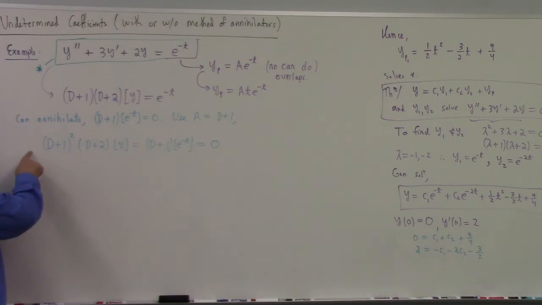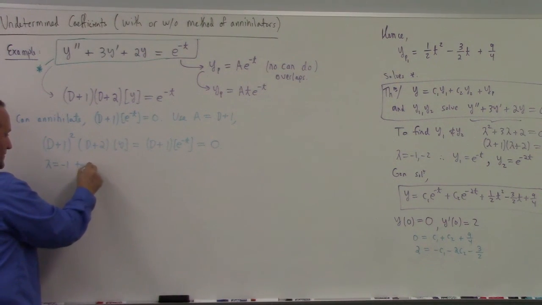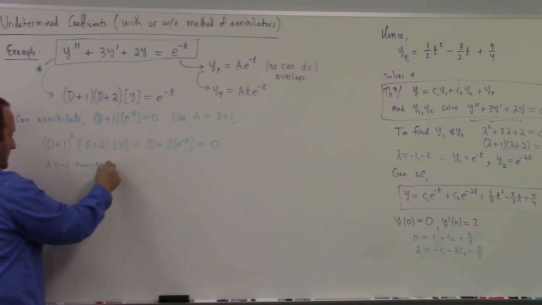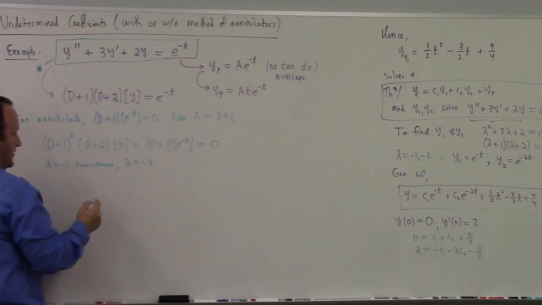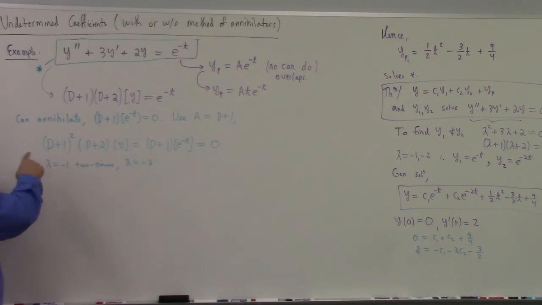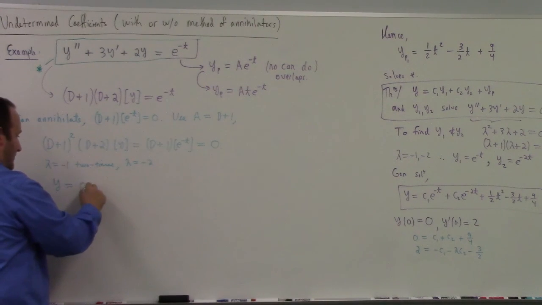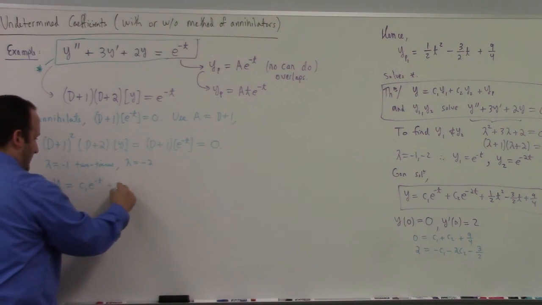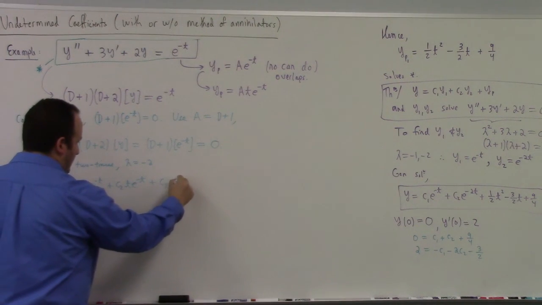We have basically characteristic values: lambda is -1 two times, and lambda is -2 one time. So you know that the general solution to this homogeneous problem is something like C1 e^(-t) + C2 t e^(-t) + C3 e^(-2t).